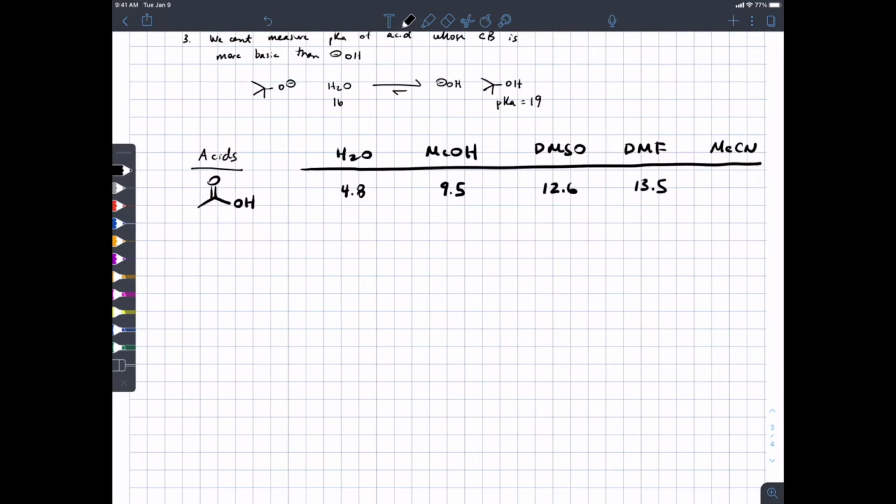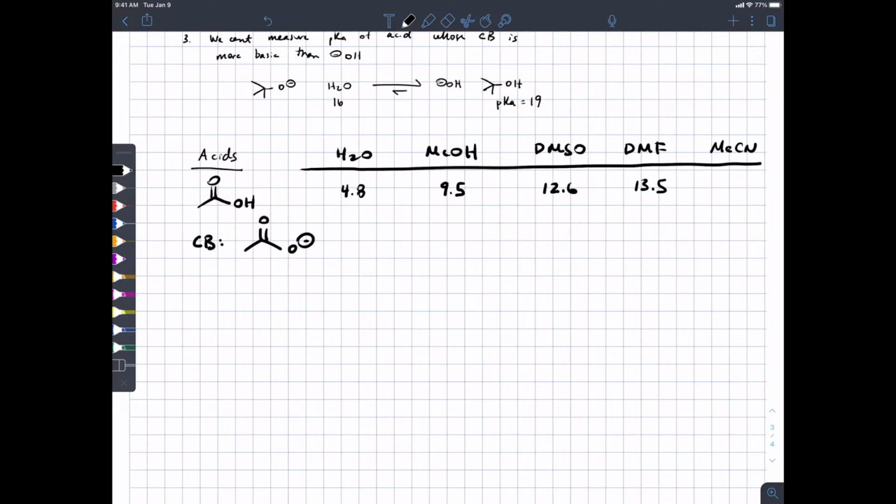Okay, so let's rationalize that. Whenever we're talking about how acidic something is, if we're talking about going from a neutral acid to a negatively charged conjugate base, it's almost always easier to rationalize the acidity of an acid by considering the stability of the conjugate base. All right, so what's the conjugate base of this acid?